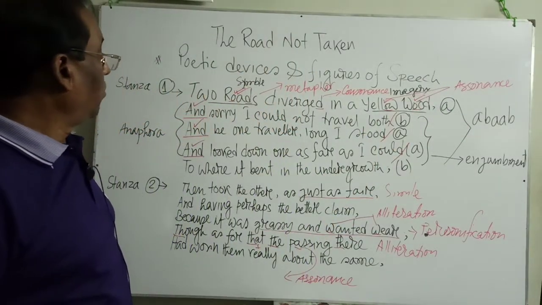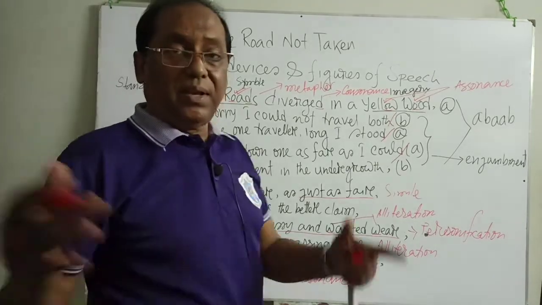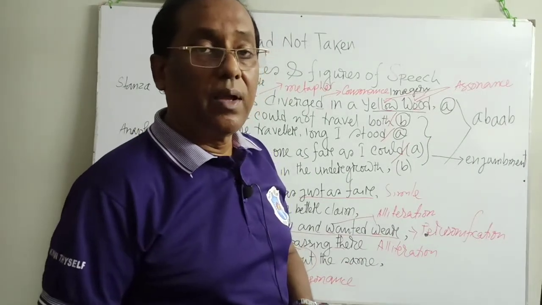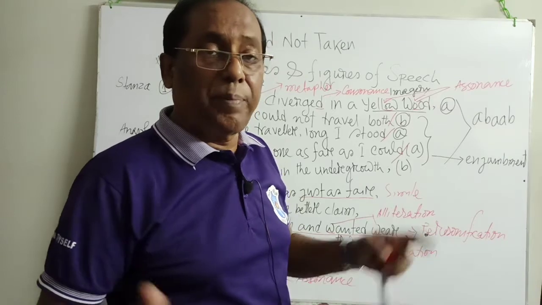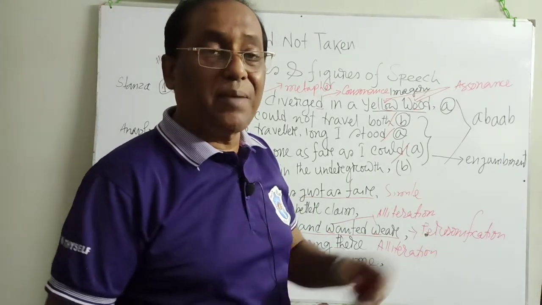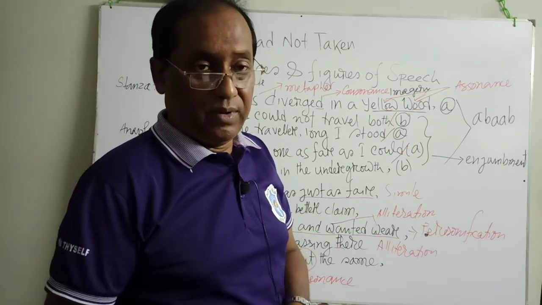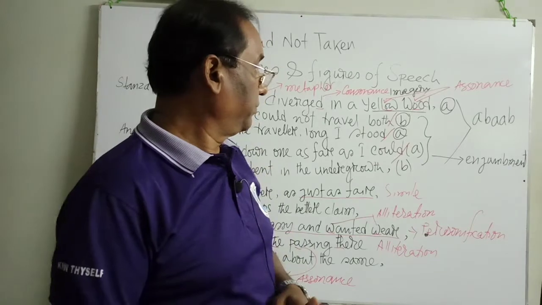Now we find a rhyming scheme in this poem. What is rhyme? Rhyme is the repetition of the same sound at the end or within 2 or more lines in a poem.